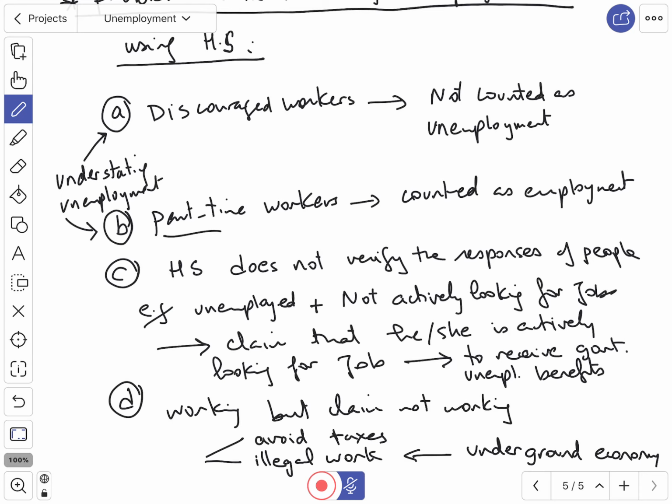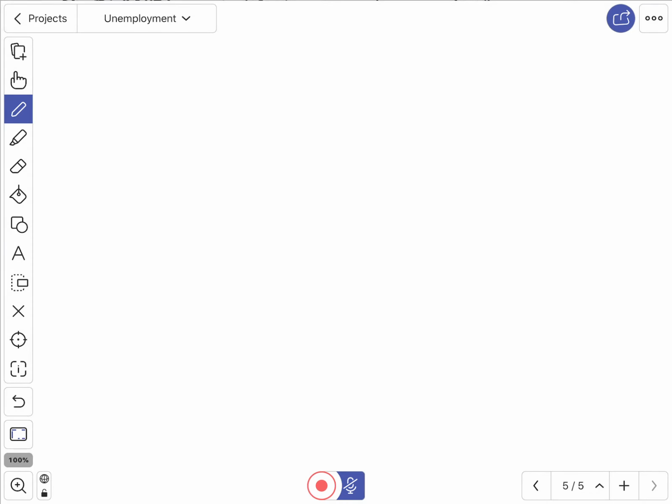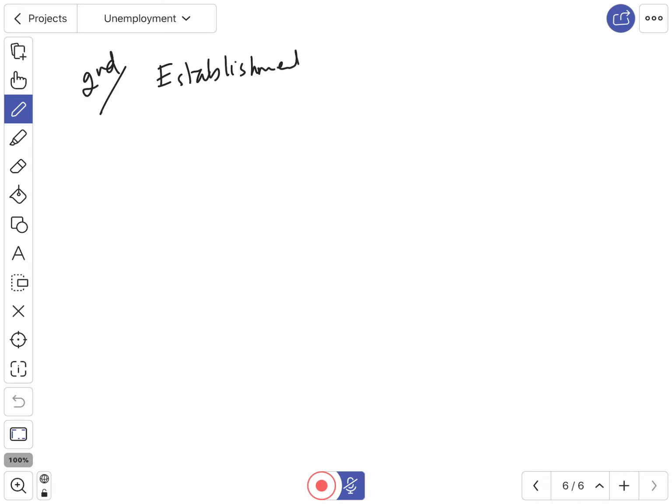The next survey, or the second type of survey that is used to measure the state of employment in an economy, is called the establishment survey. The establishment survey is also called the payroll survey.